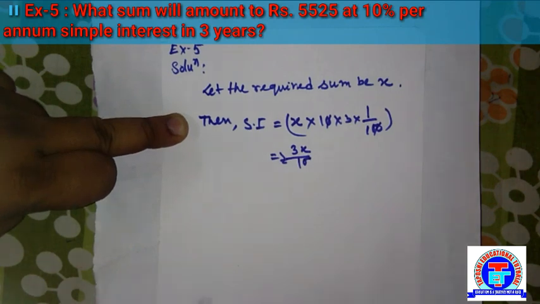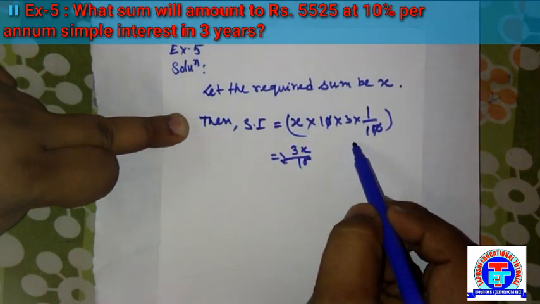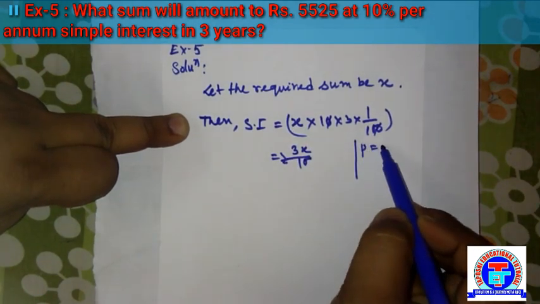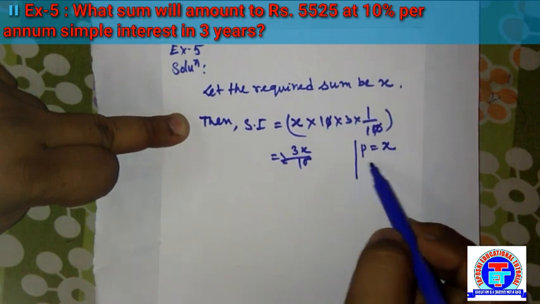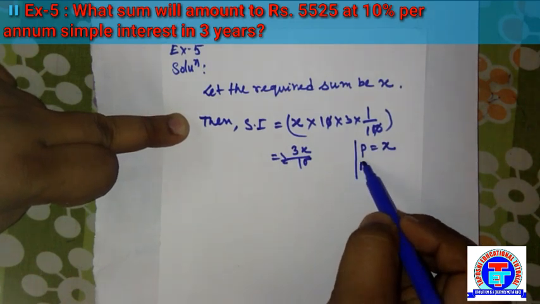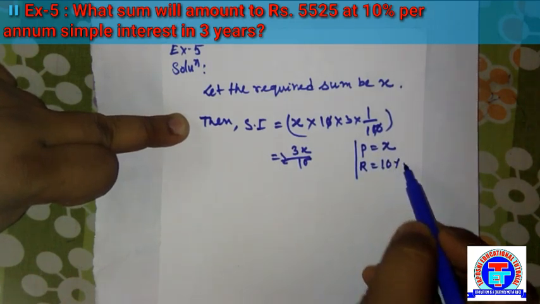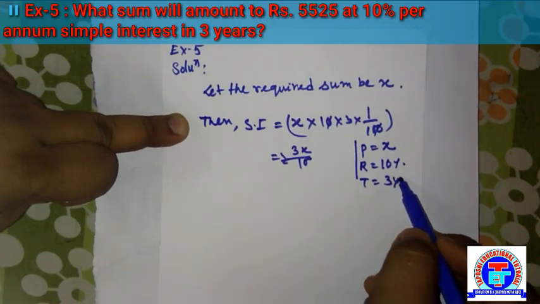So it is the simple interest. Here the data is: P, the principal or sum, is equal to x, and rate of interest 10%, and time taken 3 years.